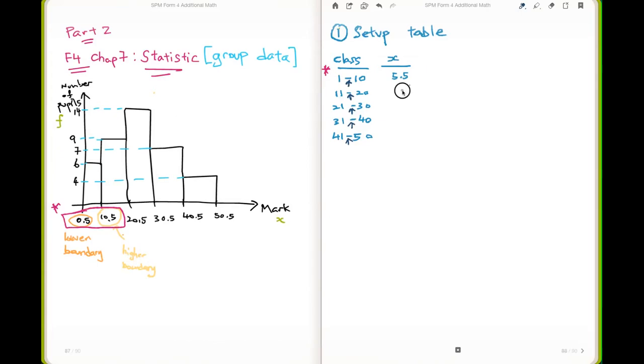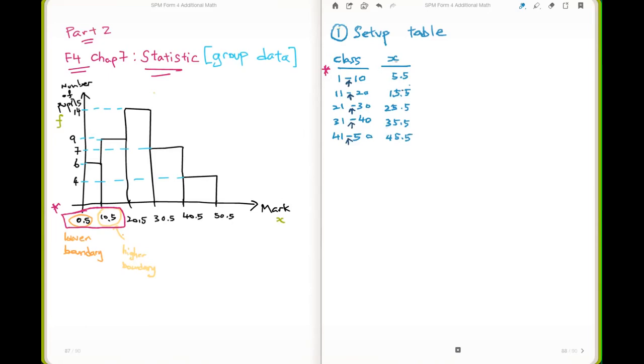Since the class size is 10, I know the next number will be 15.5 and so on: 25.5, 35.5, 45.5. You get marks in SPM by setting up this table. It is quite time consuming, but it's worth doing.